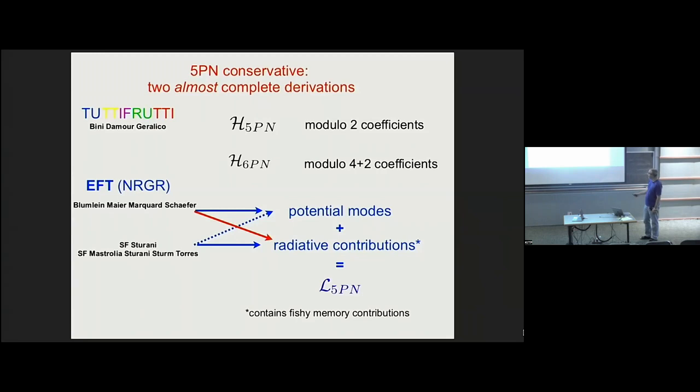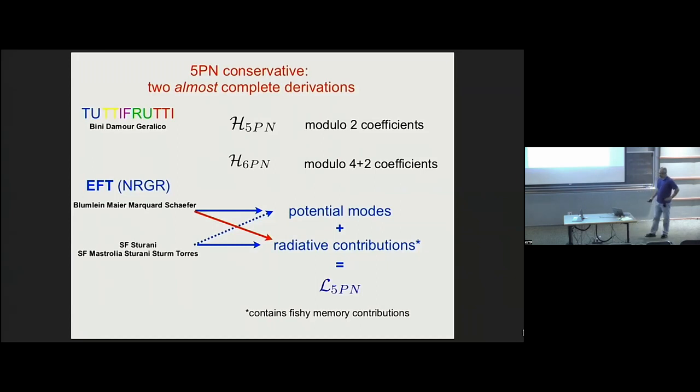Again, me and collaborators computed a subset of these diagrams, and we found a perfect match. And they also computed later on the radiative contributions, finding a mismatch, which is related to this memory contribution, which will be the subject of my attention in the later part of the talk.